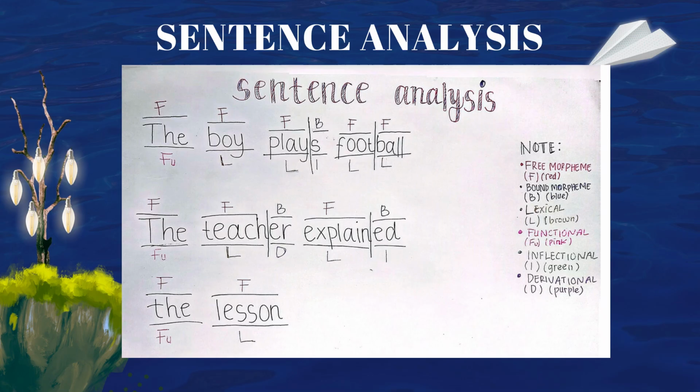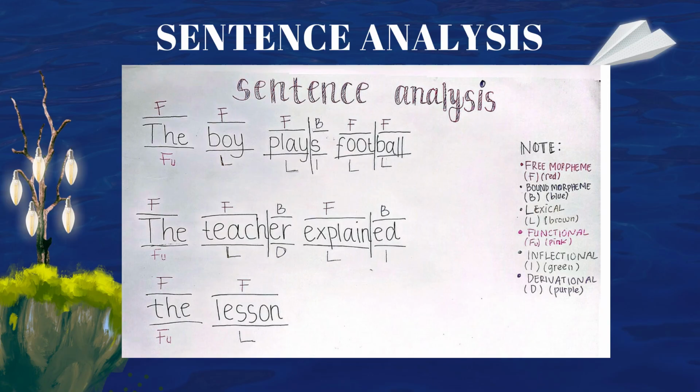The boy plays football. The is a free morpheme marked with F and also a functional morpheme marked with FU. Boy. This is a free morpheme with symbol F and a lexical morpheme marked with L. Plays. We split it into play and s.